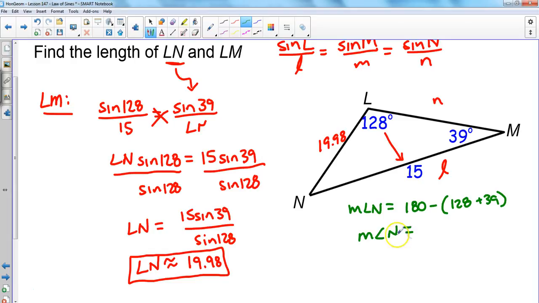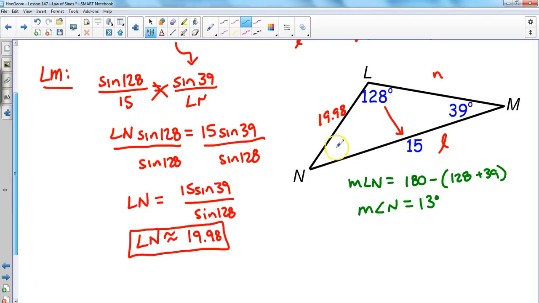So the measure of angle N is equal to 13 degrees. So now I have this is 13 degrees, and I can figure out my last side here. So let's go ahead and do that.